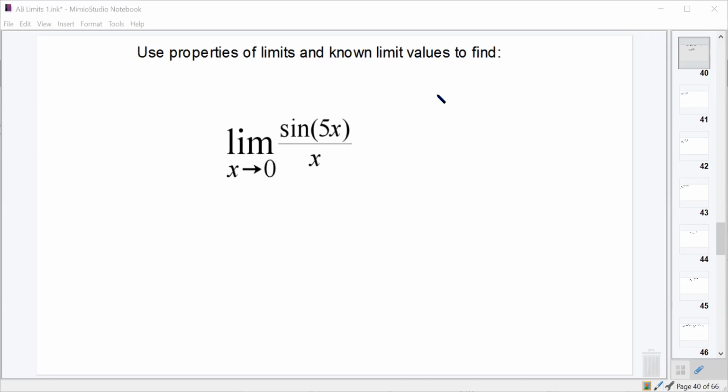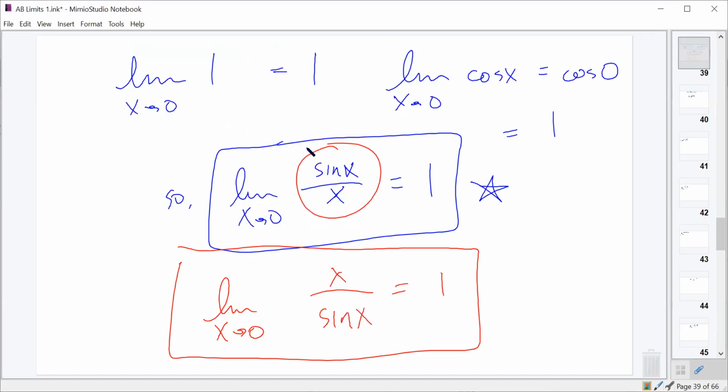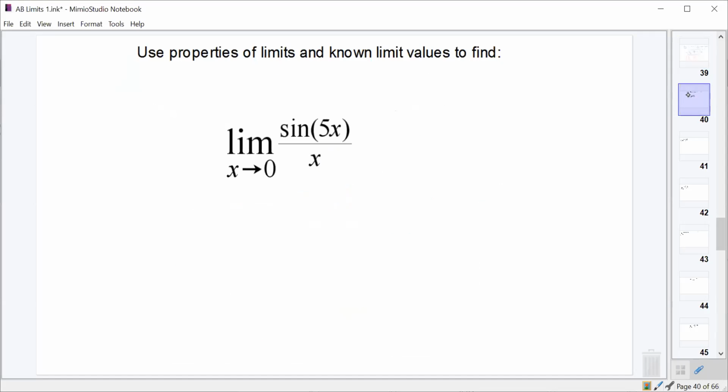What if we made it so that it looked similar to sine x over x, except that it wasn't x, it was sine 5x over 5x? Could I do that?